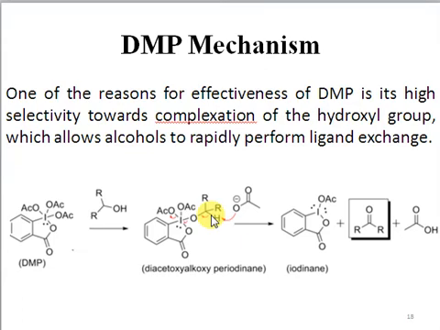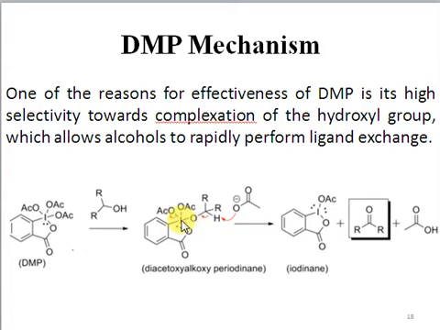Once our alcohol has reacted, the next step is that the acetoxy group that was lost in the first step acts as a base, and that will pick up the proton from this alcohol. You can see this is the acetoxy group that was lost in the last step, and it is picking up the proton of this alcohol, and the electrons shift between carbon and oxygen, and the oxygen and iodine bond is broken.